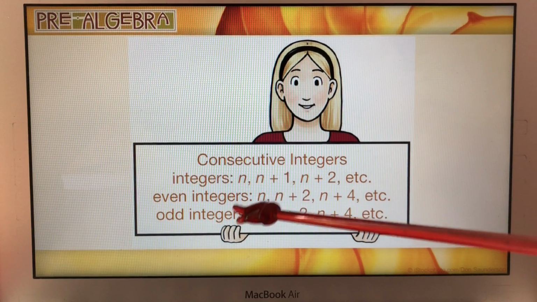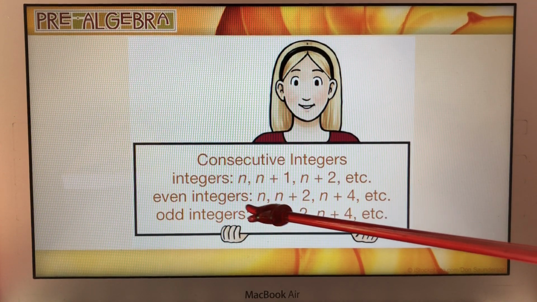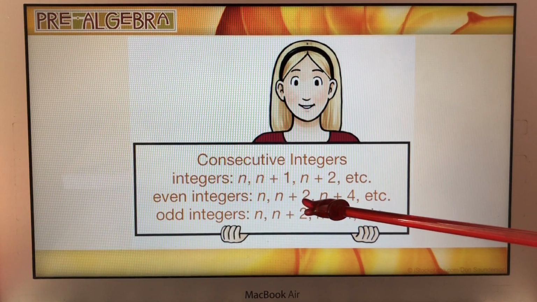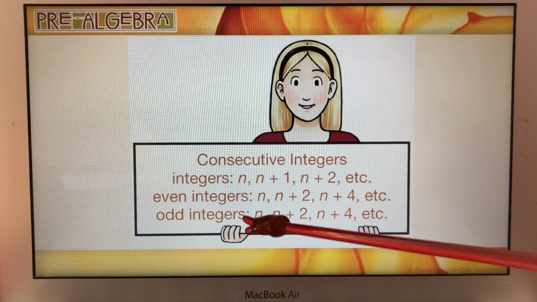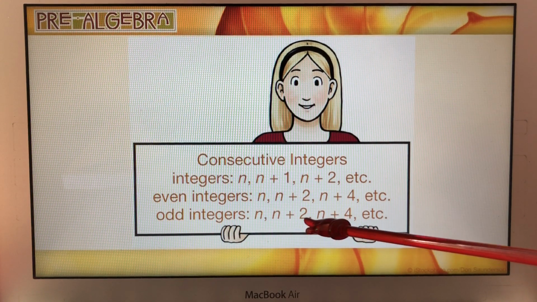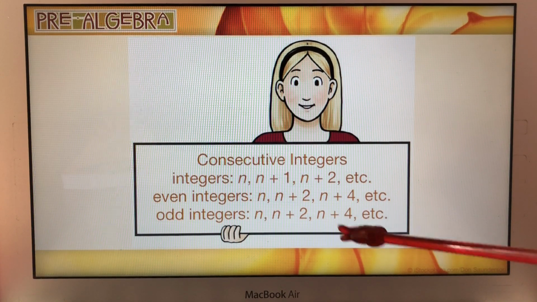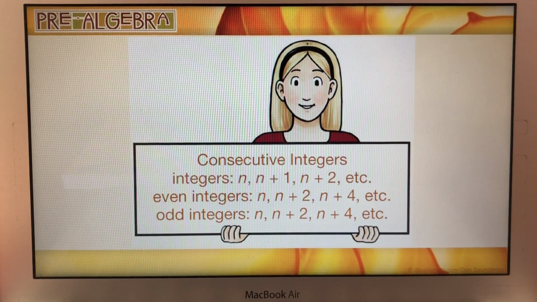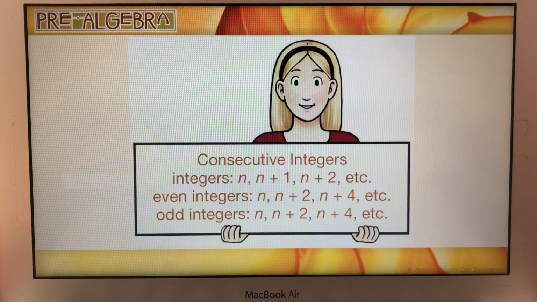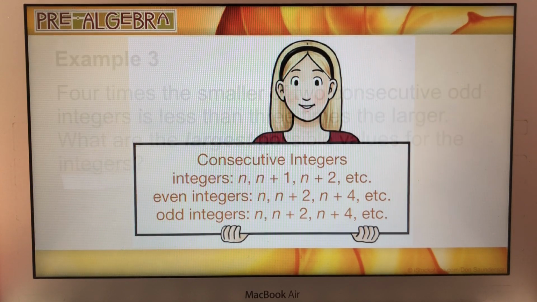From one even integer to the next even integer, you have to add 2. Or from one odd integer to the next odd integer, we need to add 2. So 3 to 5 to 7. All right, so we'll see those utilized in the examples to come here.